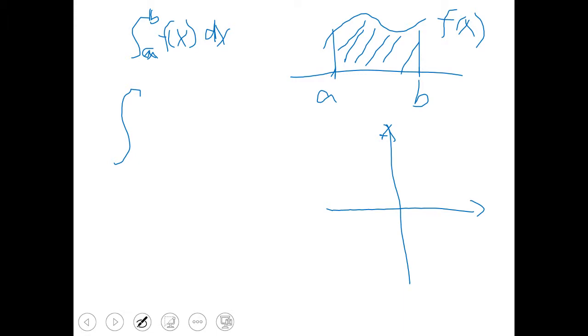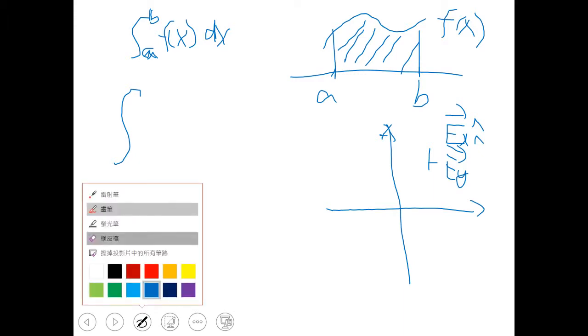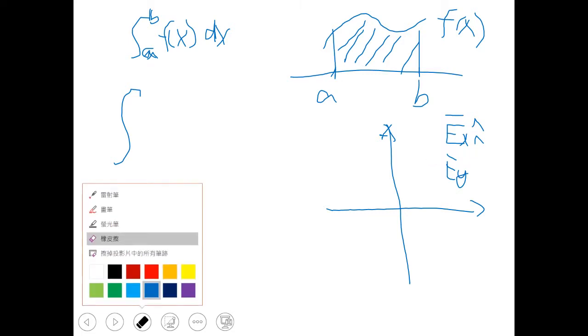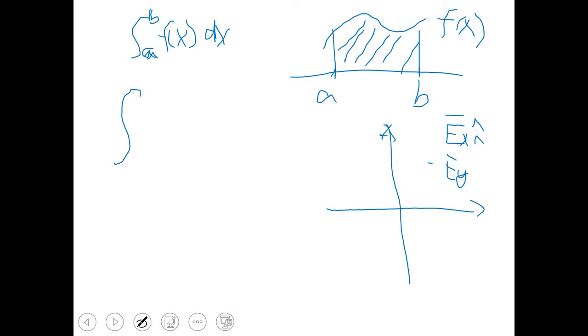It can be an electric field, magnetic field, force field, or any other field. Maybe E in two dimensions, Ex in the x direction and Ey in the y direction.